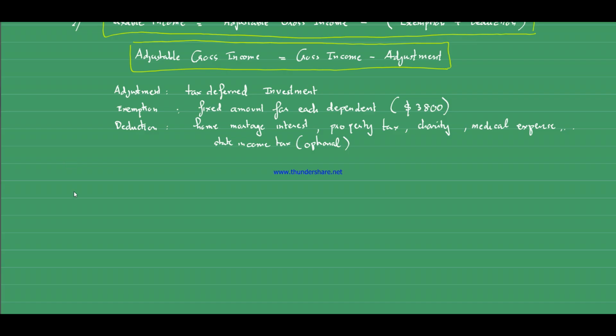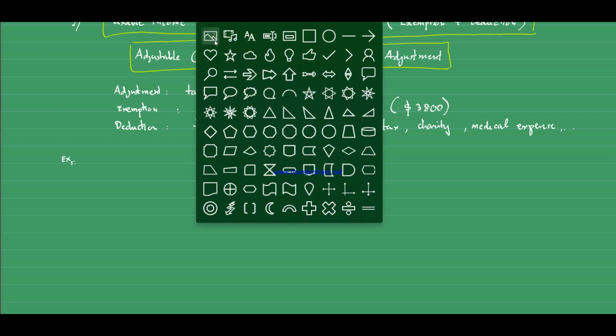A lot of calculation. Example number 1. I require you to do it carefully. Now I need to pull up the problem. Oh, here you go.